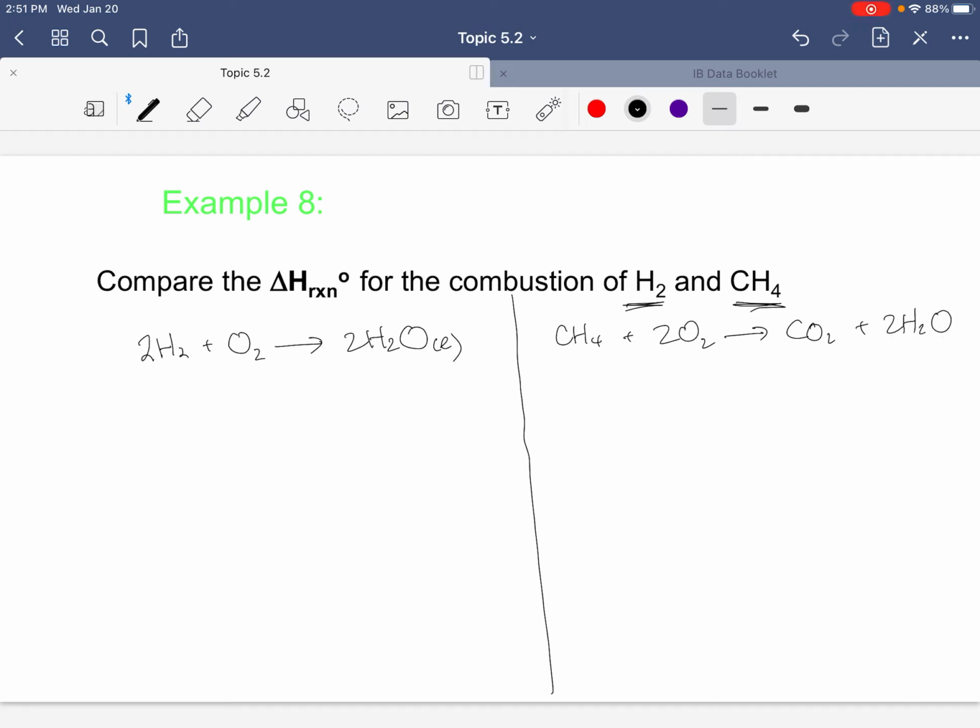Find the delta H of reaction for 1 mole of H2 and for 1 mole of CH4, and compare the 2 numbers. Which one actually yields more energy? I'm sure you're okay with that, so try to do that yourself. Anyway, let's move on.